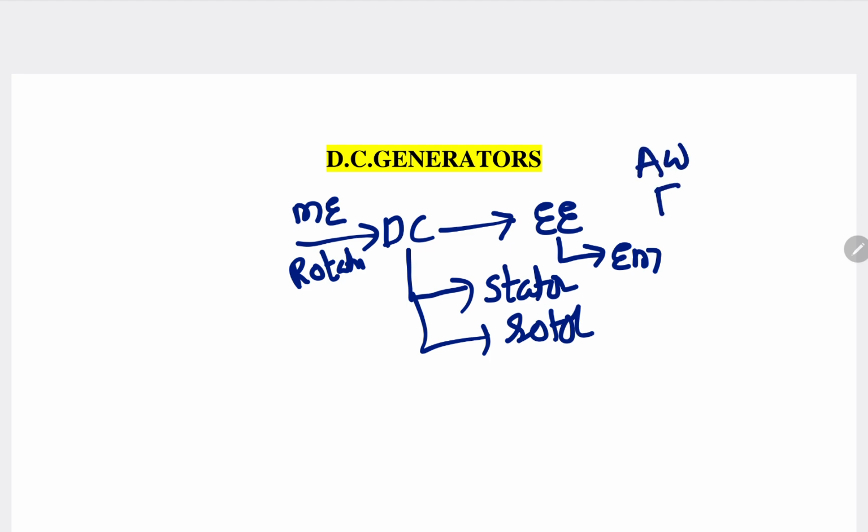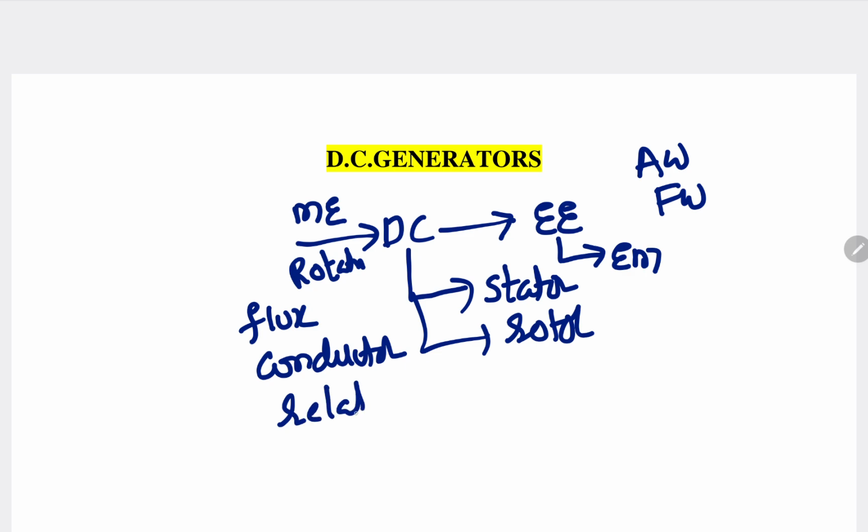In the basics of electromagnetic induction we have discussed that to get an EMF in any conductor or circuit we need flux, we need a conductor, and we need relative speed between them. That means flux and conductor should not rotate at the same speed.